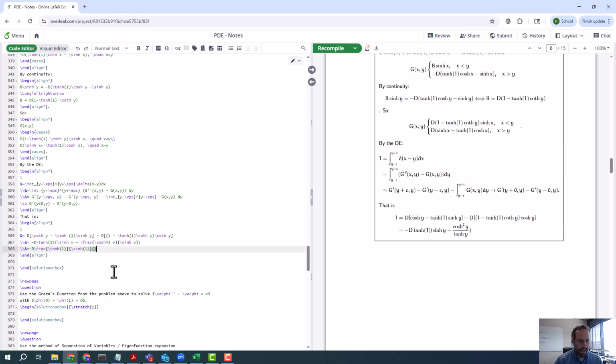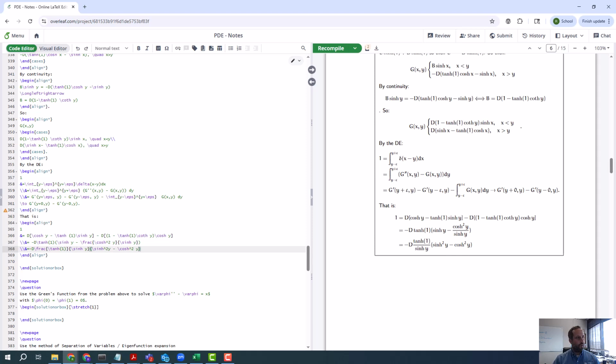And then here's what we're going to have in the brackets. Not sinh of 1, sinh of y. I need to go home. Oh my gosh. Sinh squared y minus cosh squared y.